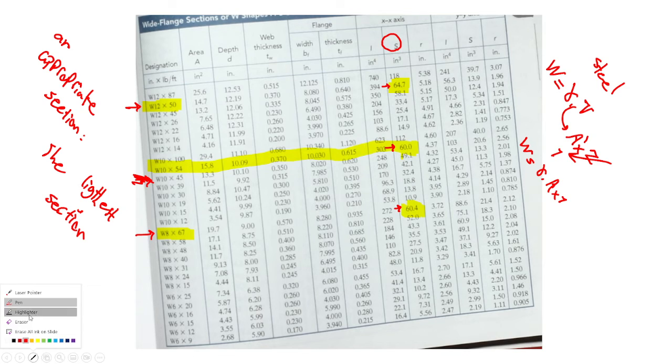If that's the case, as soon as I know what A is, I can work with my section. So let's take a look at the area of each section. This one is 14.7. The smallest area is my answer. This is 15.8. This is 19.7. The minimum is 14.7 so far.